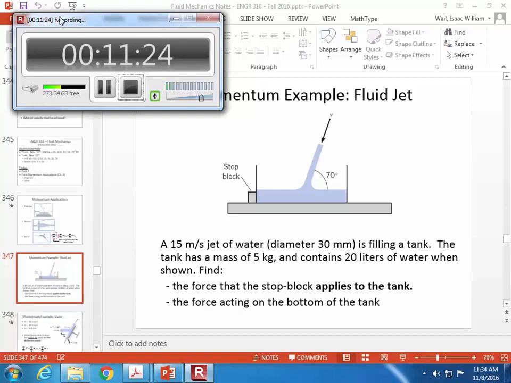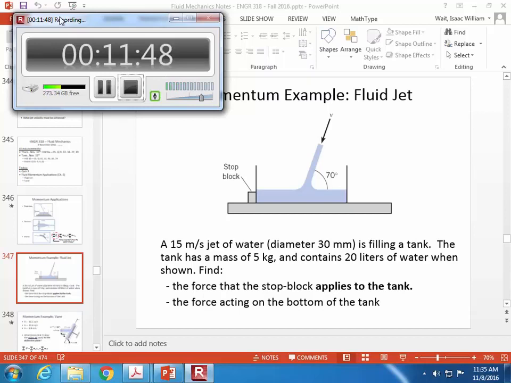the mass flow rate out, velocity out in y, minus the sum of the mass flow rate in, velocity in y. As before, there's no outflow, so the first term cancels out, but there is an inflow.